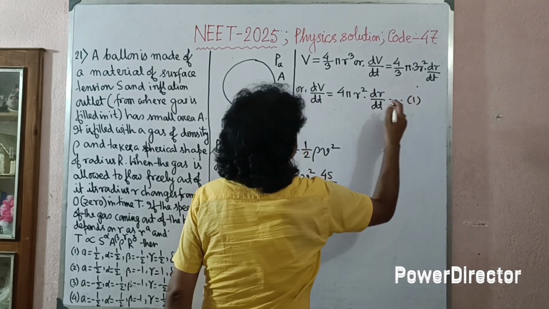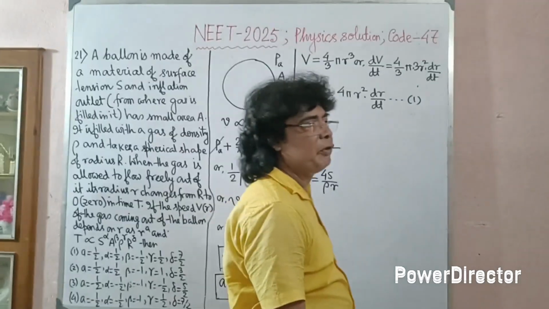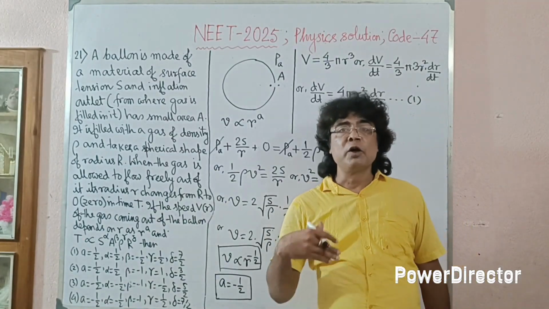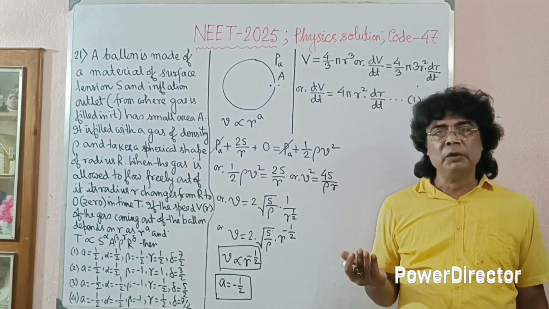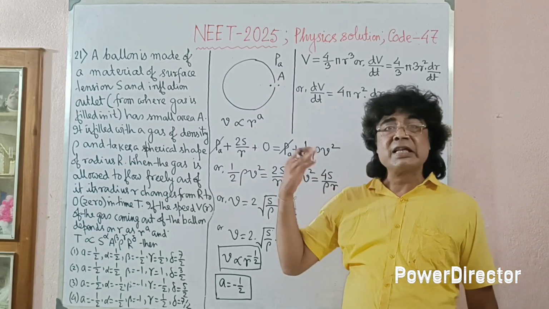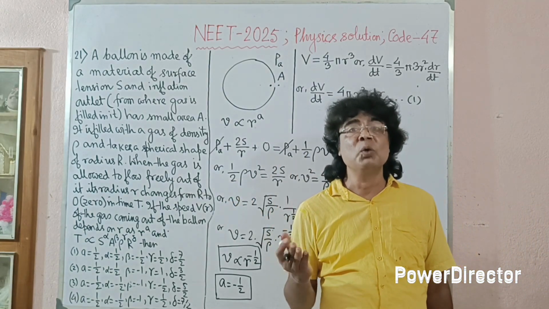Equation number 1. What is dV dt? Rate of change of volume of the gas inside the balloon with respect to time.